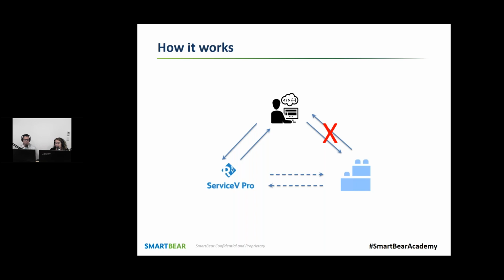You can do all of your testing or interaction directly through ServiceV or through the virtualized service, either running on ServiceV or on the Virt server, and you no longer have to access that API at all. So the real one is no longer a dependency, and now you have created this virtualized service by just recording or creating it manually, and you're running it separately from the real API. So that's basically how it works.